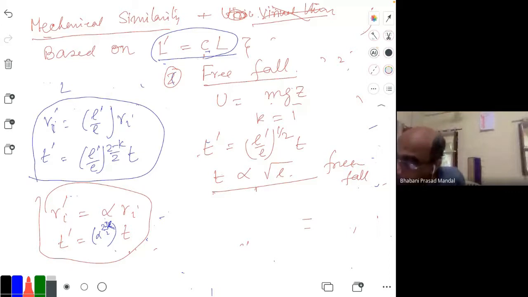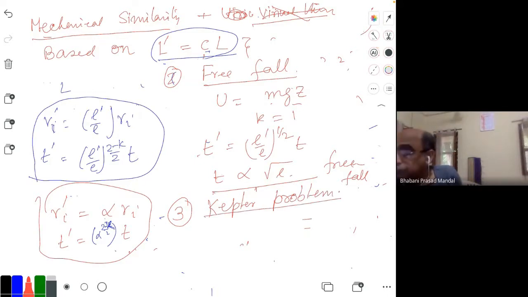Okay, but a nice example is the third example, the Kepler problem. In the Kepler problem, your potential energy is some constant times minus 1 over r, the Kepler 1 over r potential. That means k equal to minus 1.